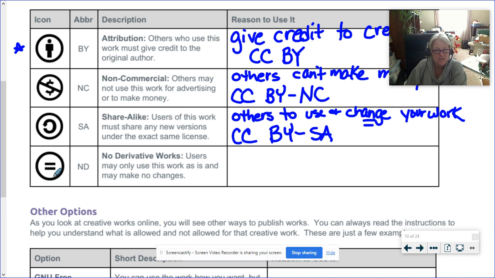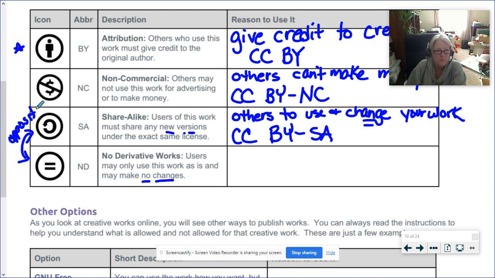See this last one with the equal sign and the ND? This means no derivative works. Users can only use this work as is and cannot make any changes. No changes. This one, you can make changes. So these two will never be together because they're opposites.